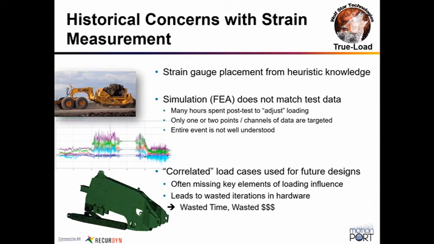Without the proper load information, if there were failures with the product and they wanted to do some kind of design modification, then with poor physical test data and lack of correlation with the simulation model, the iterations were not as productive as they could have been. So, wasted time, wasted dollars.